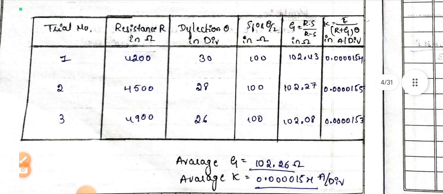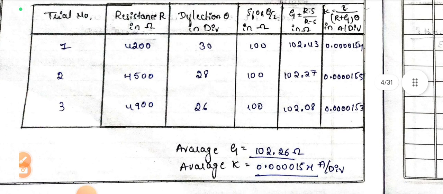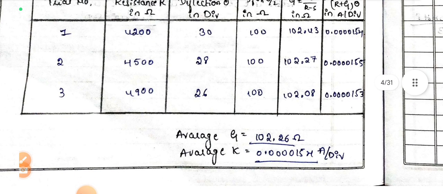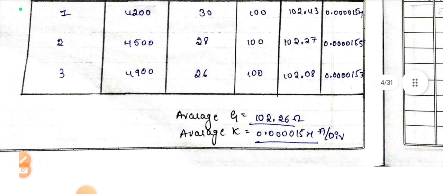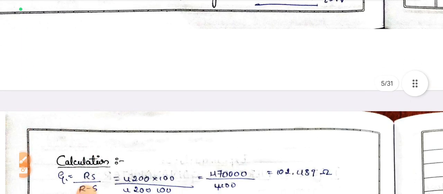Similarly, for resistance of 4500, 28, 100, 102.27, 0.0000155, and next 4900, 26 divisions, 100, 102.08 and 0.0000153. So these are the three readings, and the average of G and the average of K are calculated.